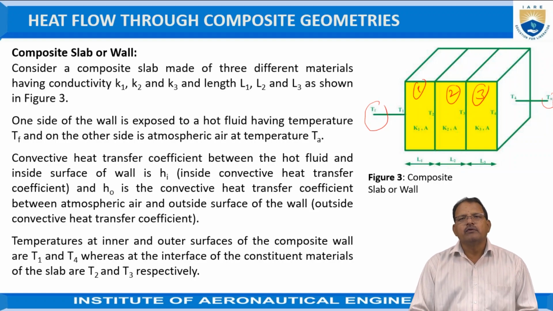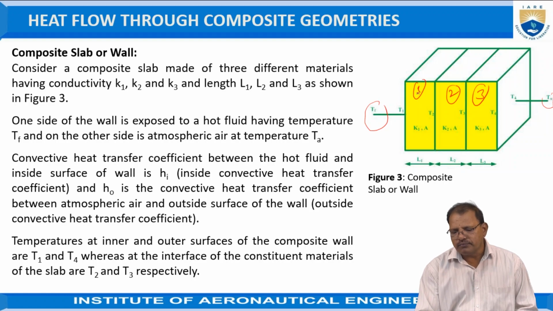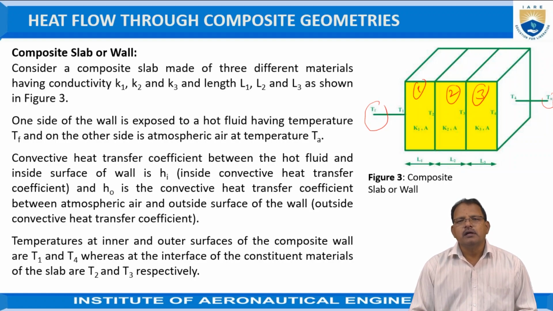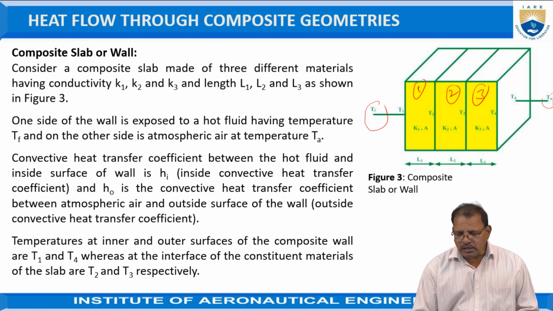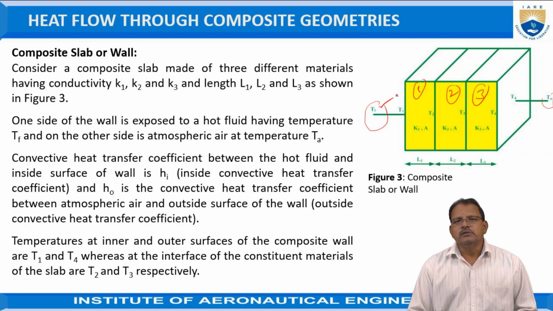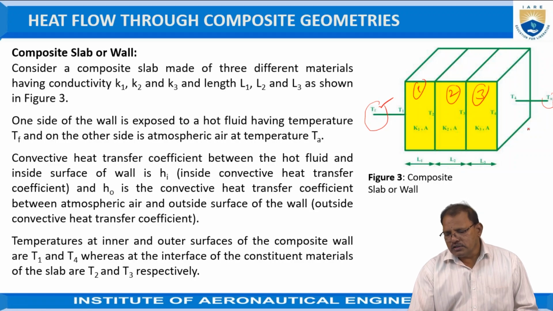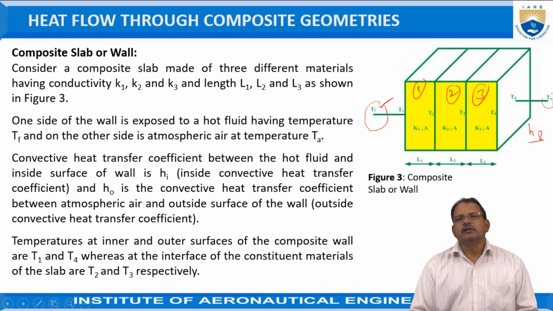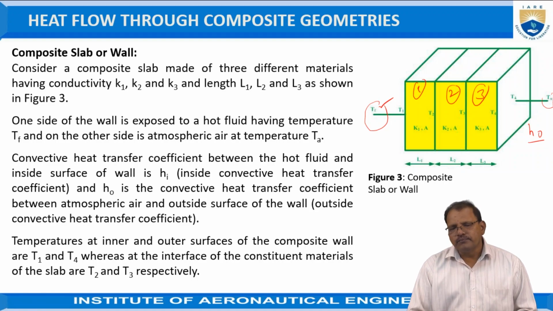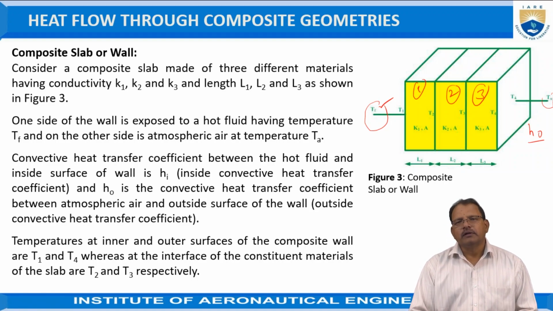The convective heat transfer coefficient between the hot fluid and the inside surface of the first wall, assume this is Hi. And the heat which is transferred into the air from the outside of the wall, assume this is H naught, representing the convective heat transfer coefficient for the air.